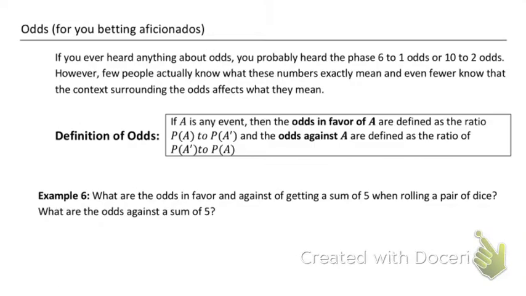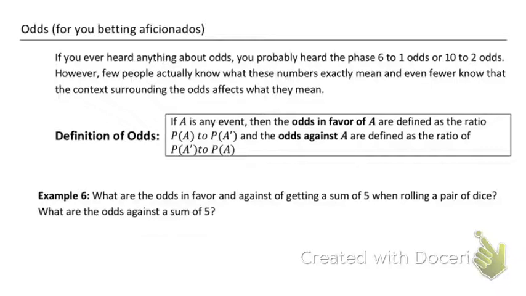All right, the very last thing we're going to talk about is odds. If you've ever heard anything about odds, you probably heard the phrase 6-to-1 odds or 10-to-2 odds. However, few people actually know what these numbers exactly mean, and even fewer know the context surrounding the odds affects what they mean.